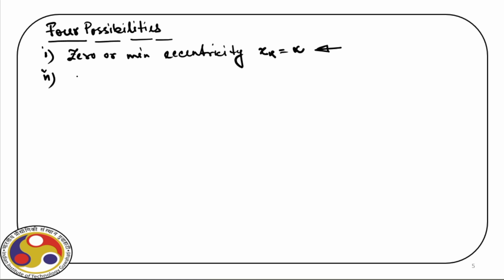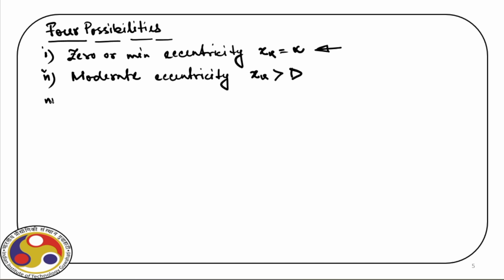Second case, we have moderate eccentricity. And for that, XU is greater than the depth of the beam, column. So we have just noticed how the strain diagram looks.